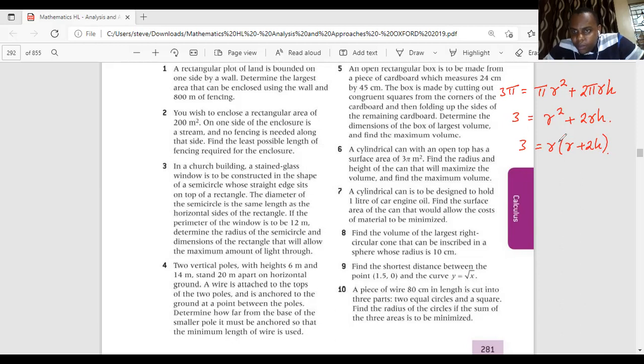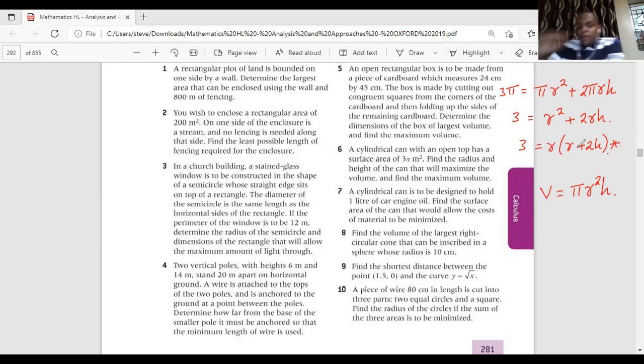So the volume for this one, it's the volume of a cylinder. It's given by pi r squared h, right? Yeah. And then we have 2 variables. So I intend to use this equation to express one variable in terms of the other.